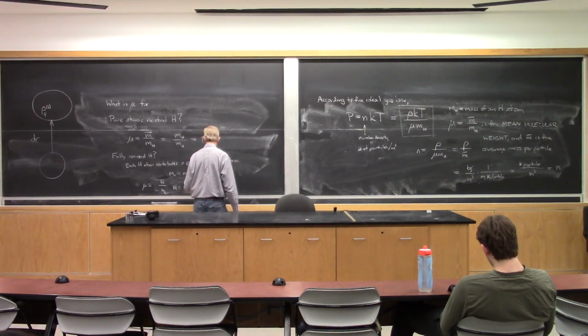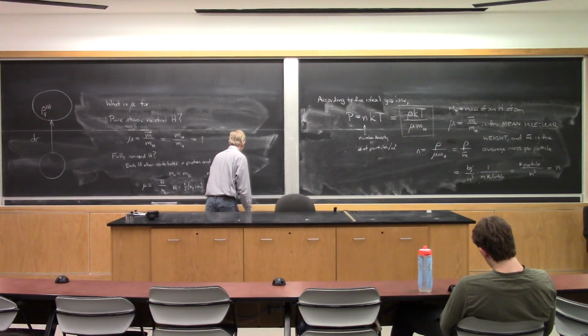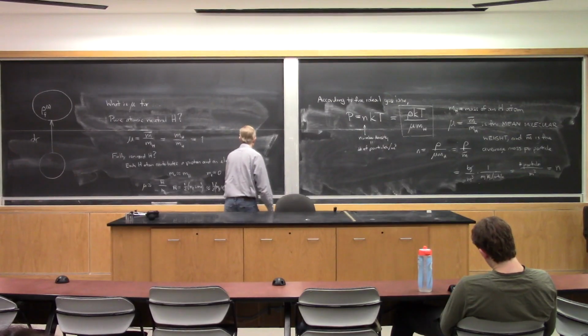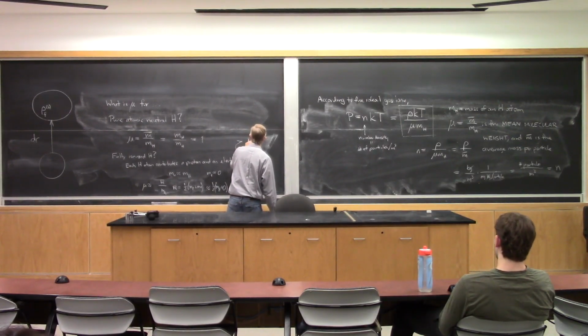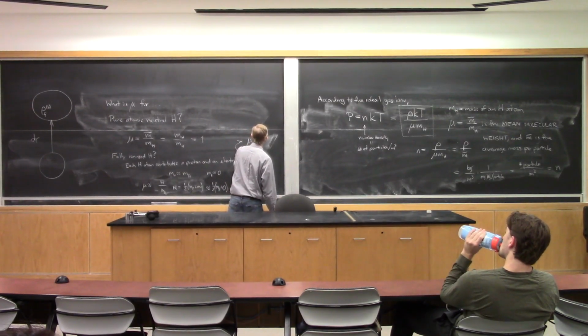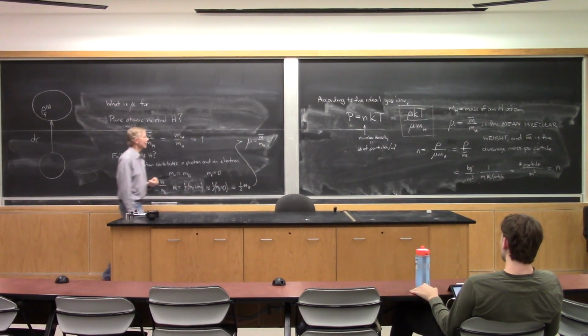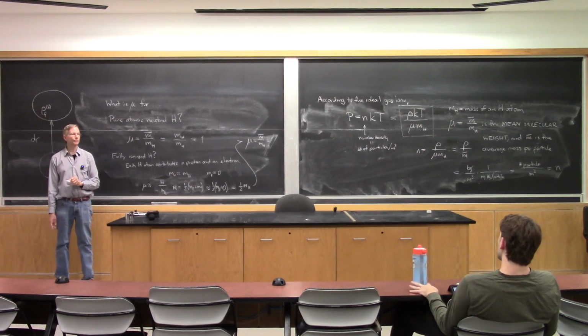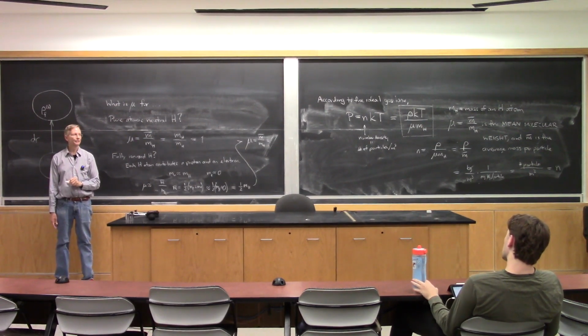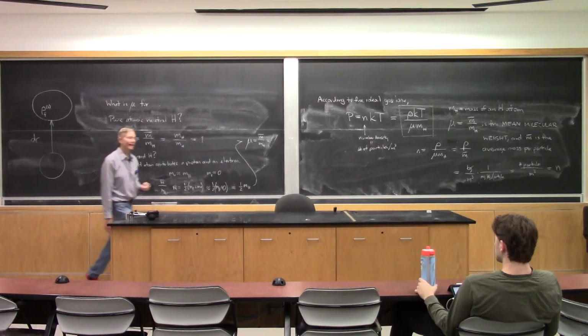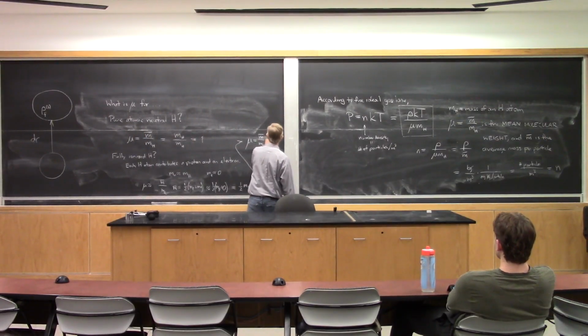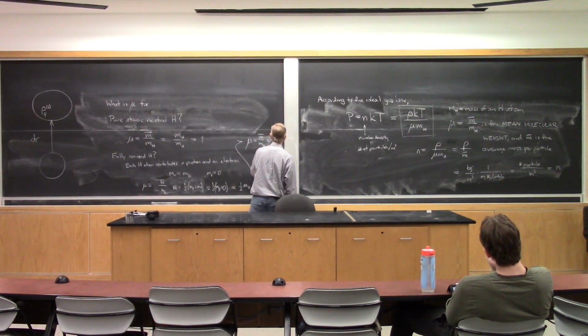So m bar is essentially half the mass of a hydrogen atom, and therefore the mean molecular weight, the average mass per particle in terms of the mass of a hydrogen atom, for pure ionized hydrogen is 1/2, or 0.5.